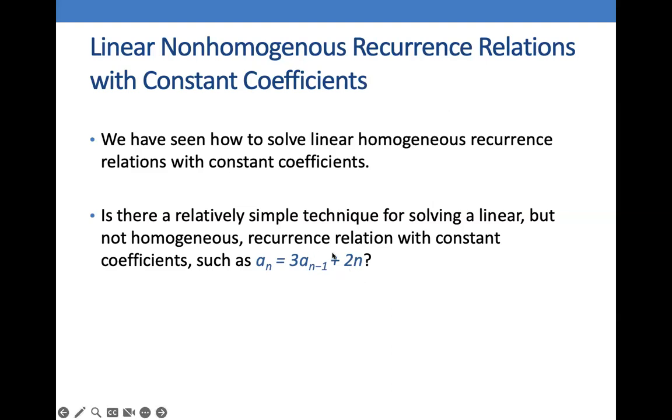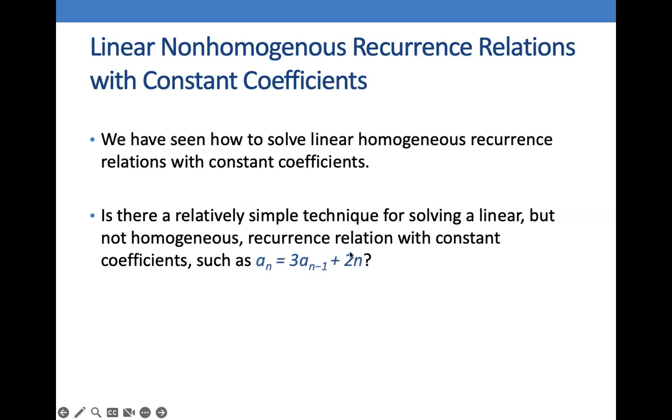So for example, we have this recurrence relation a sub n is equal to 3 times a sub n minus 1. If a sub n equals 3 times a sub n minus 1, it is a linear homogeneous recurrence relation, but that has a constant coefficient of 3 and has a degree 1, since this a sub n is only defined by its previous term.